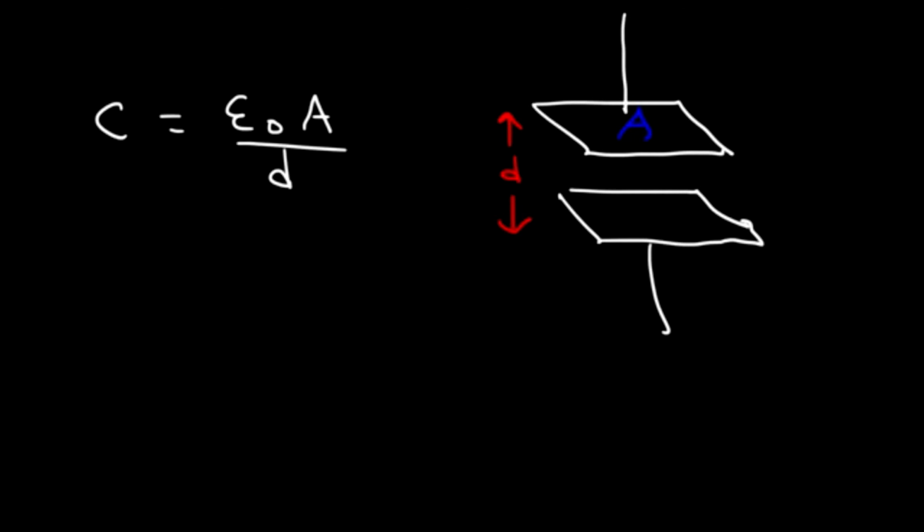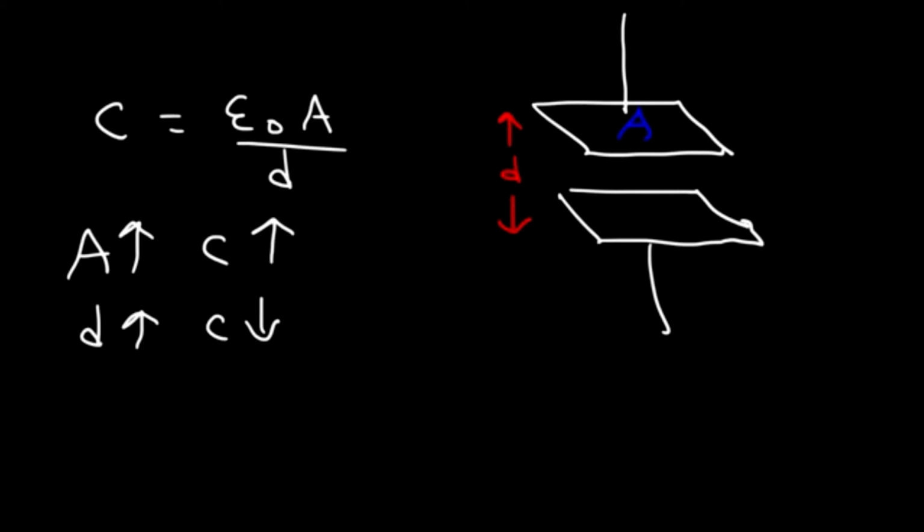The capacitance depends on the area. If you increase the area, the capacitance of the capacitor will increase because you can store more charge over a larger surface. Now, if you increase the distance, the capacitance will decrease. Given the same amount of charge, if you increase the distance, then the strength of the electric field between the 2 plates will decrease.